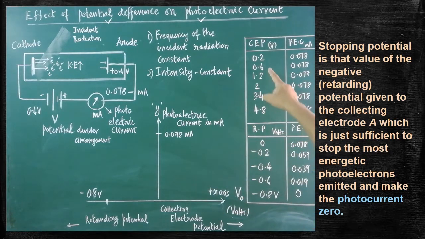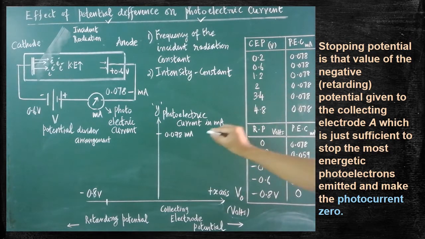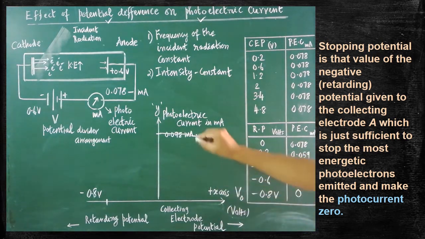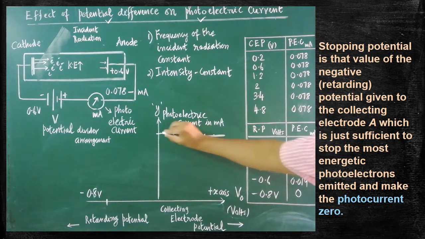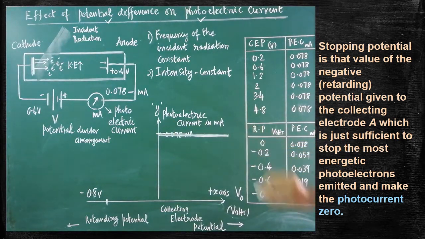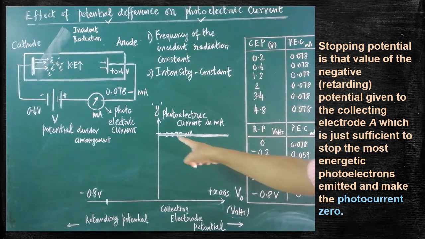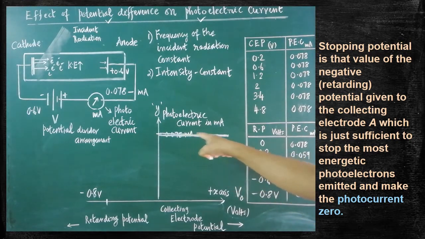For 0.6 also 0.078. If all the values are plotted, you will get a straight line graph, a horizontal line. Here the current is saturated.